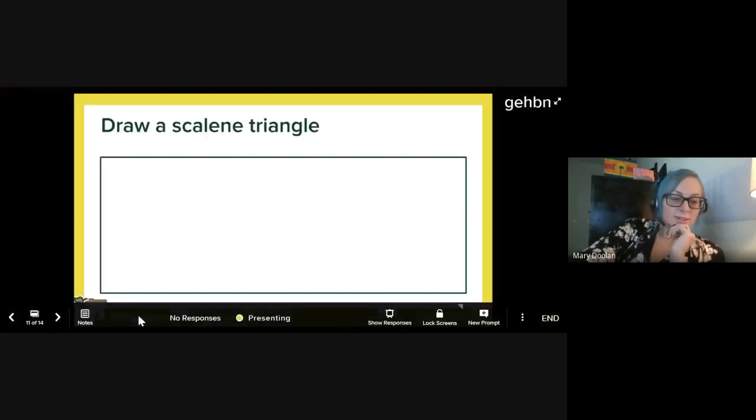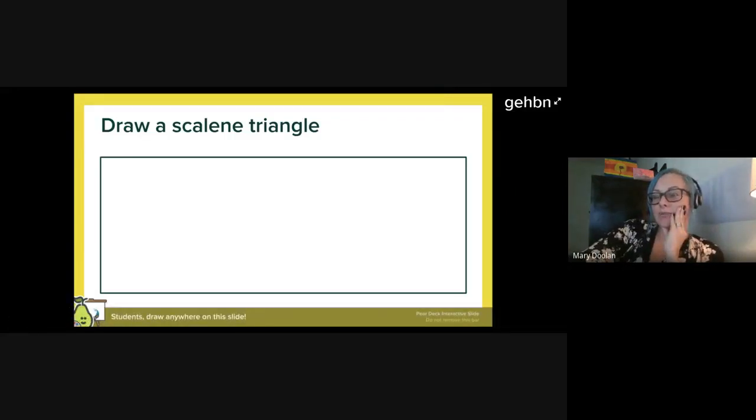All right, you're going to draw a picture. Go back to your Pear Deck tab and draw a scalene triangle.